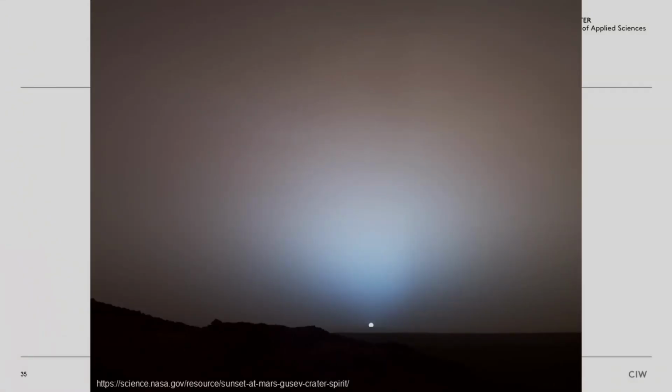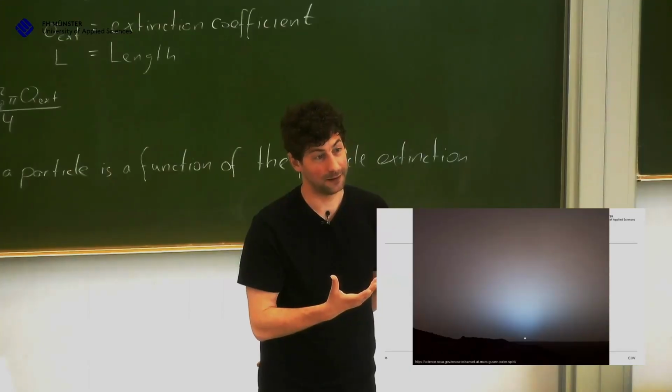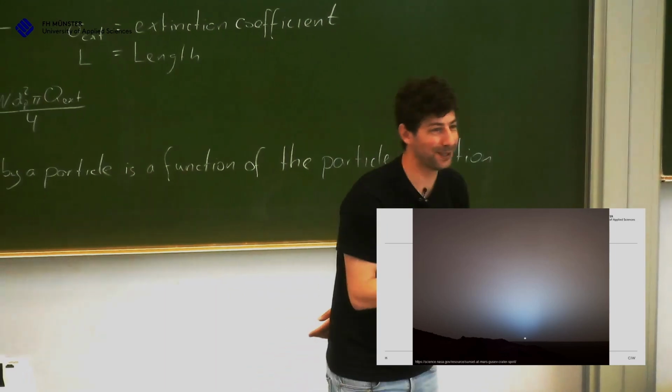This is a sunset on Mars. It's bluish. Why is the sunset on Mars blue? Not red. Yeah, the atmosphere is different, and in which way is it different? Yeah, I think there's no water vapor there.